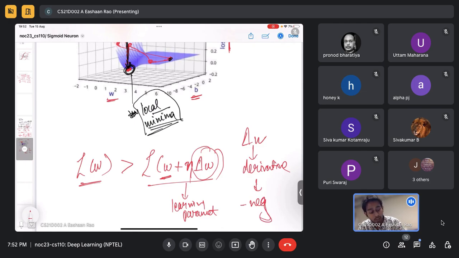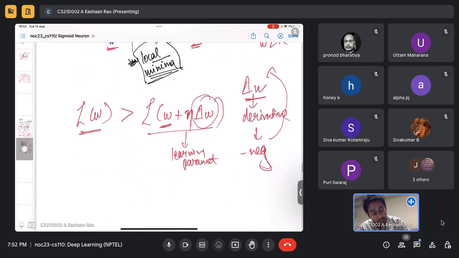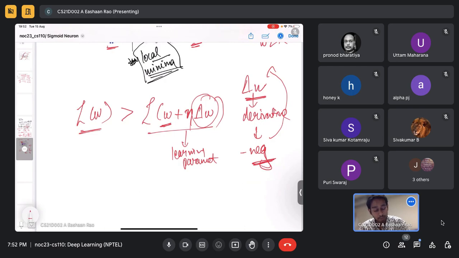And how can we make it negative? Here the concept of the angle between w and x will come into the picture. What we're trying to say is that this w value will always move such that it goes away from the x parameter, and we try to see how the relationship between w and x is such that it will go down and down, so that the delta value will be negative and my loss will be decreasing.